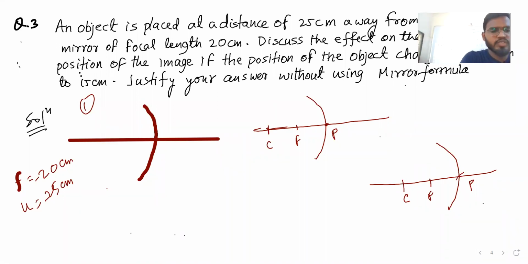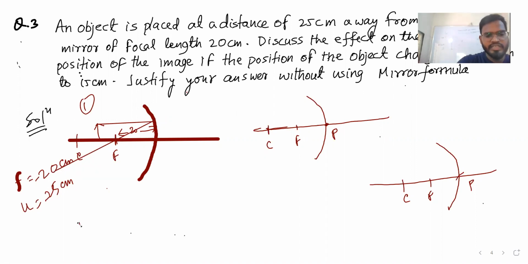Let's see, suppose first is what? Focus, let's take this as 20 centimeter. So the center of curvature is going to be 40 centimeters. So somewhere in between focus and center of curvature the object is. If you draw the ray diagram, then you will get what here? A ray parallel to the principal axis will pass through focus, right?